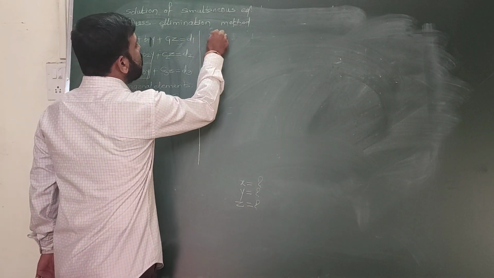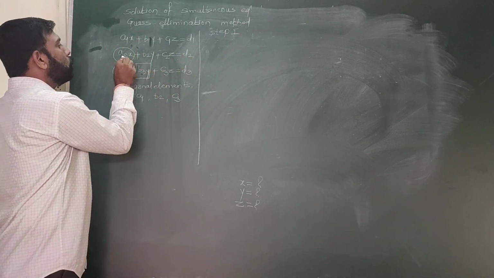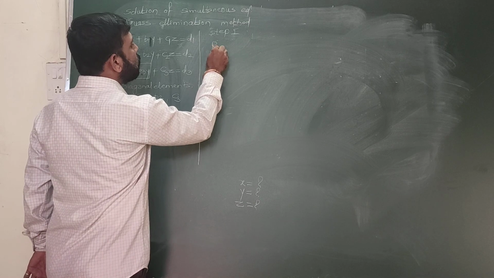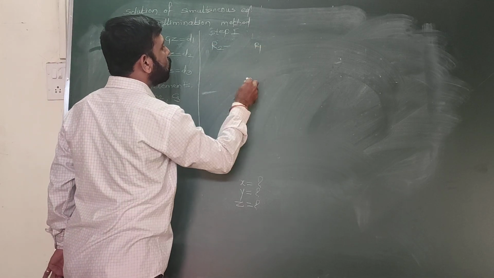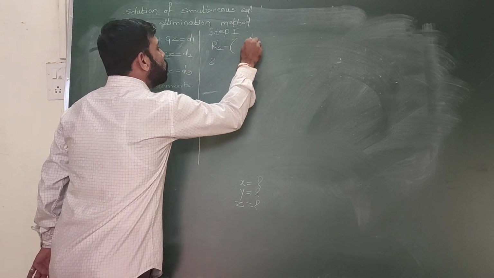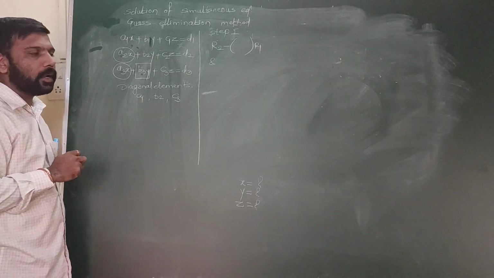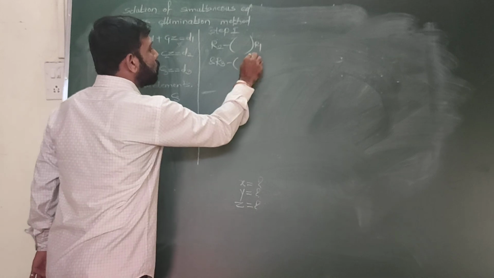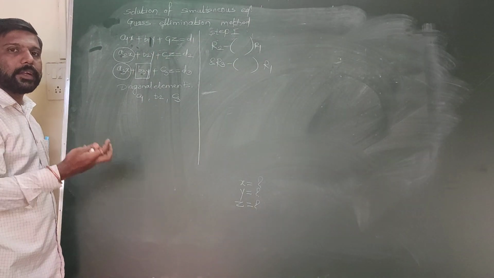First operation, in step 1, we are performing to make this element 0. We are writing here R2 minus R1, with the multiplying factor written in the bracket, then R3 minus R1, with the multiplying factor we'll write later on.